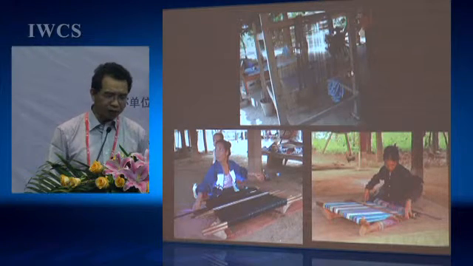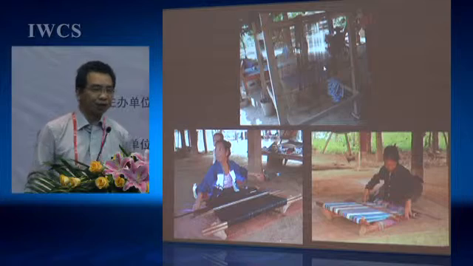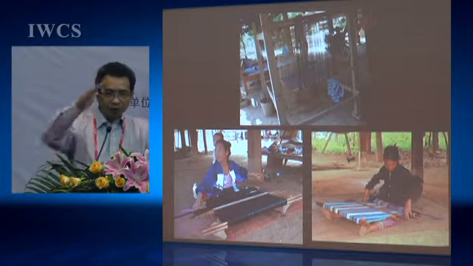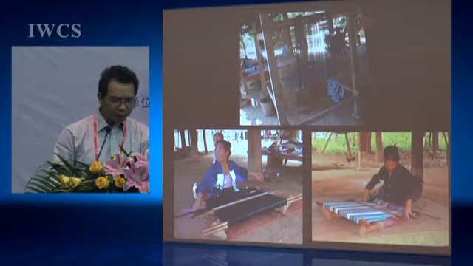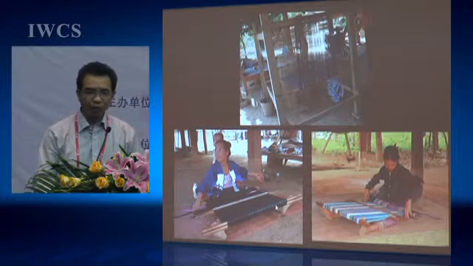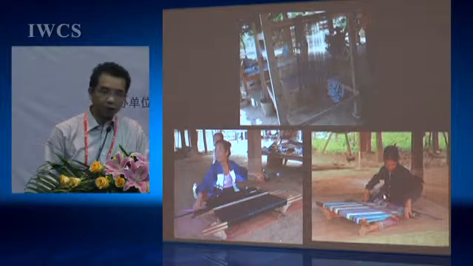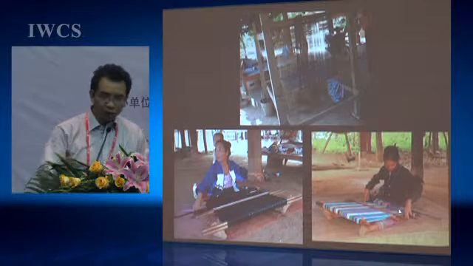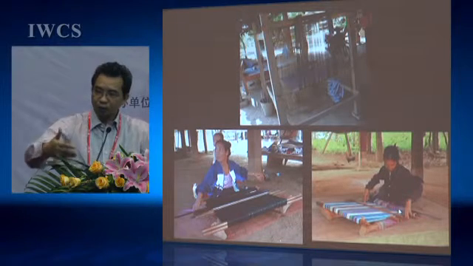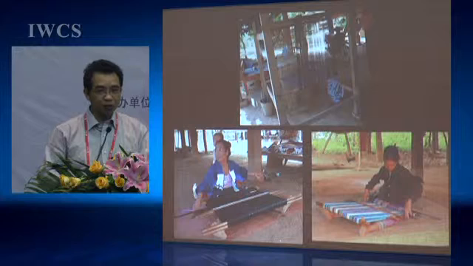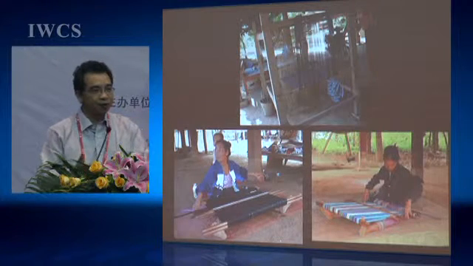And these three pictures: the upper one is the weaver. The lower two pictures show two nationalities, the Dao nationality and the Lao Bu nationality. They sit on the ground to weave fabrics.